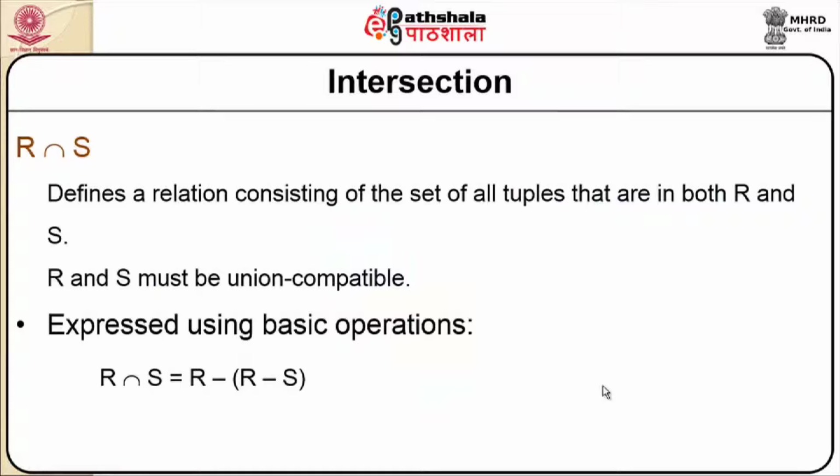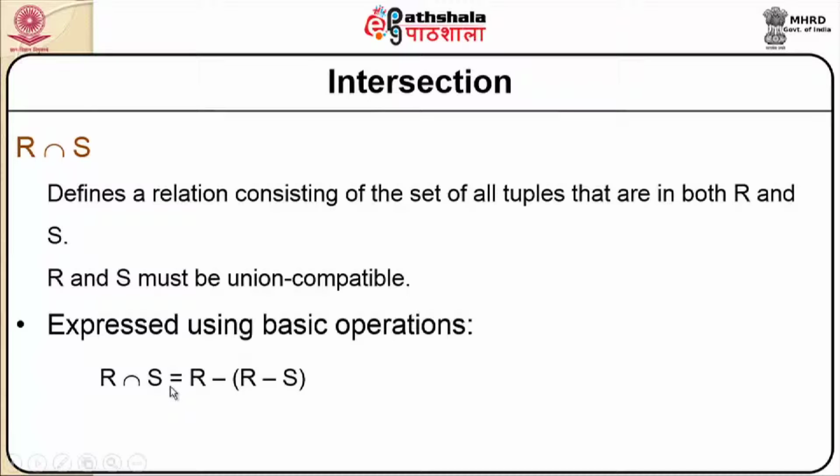The next operation that we are introducing is intersection, which is the commonality between both, indicated with this symbol, intersect. It defines a relation consisting of the set of tuples that are in both R and S. R and S must be union compatible again, and it can be expressed with the basic operators which we have previously seen.